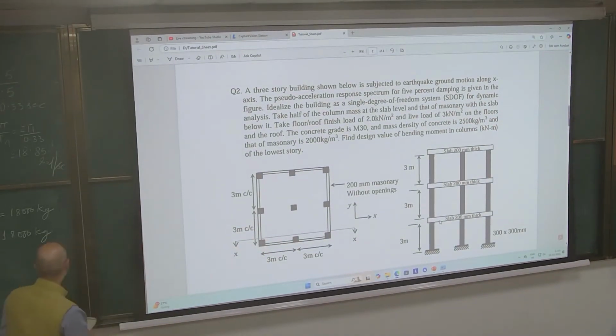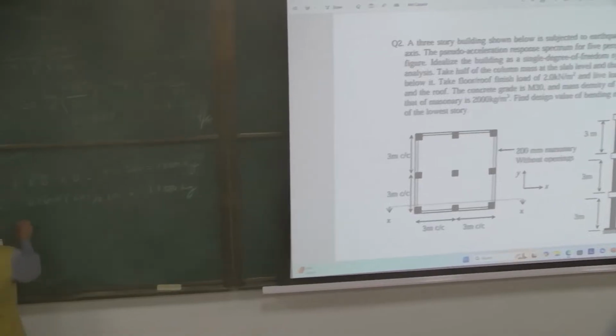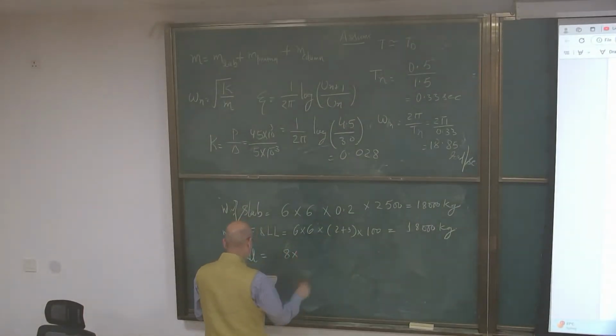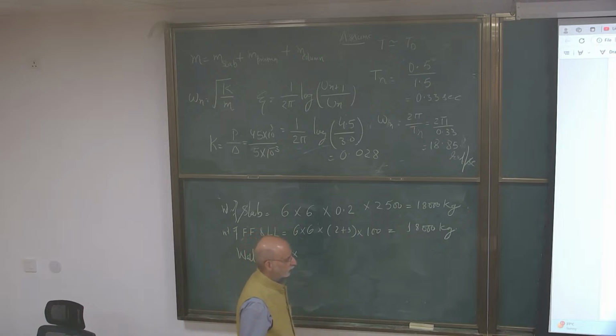Okay? Eight walls. And height of each wall, 3 meter. Thickness is 0.2 m.